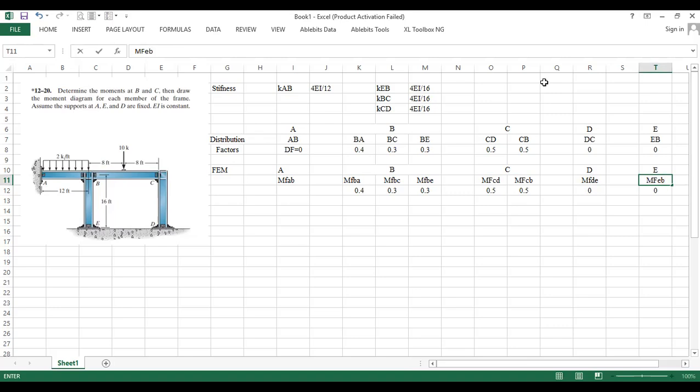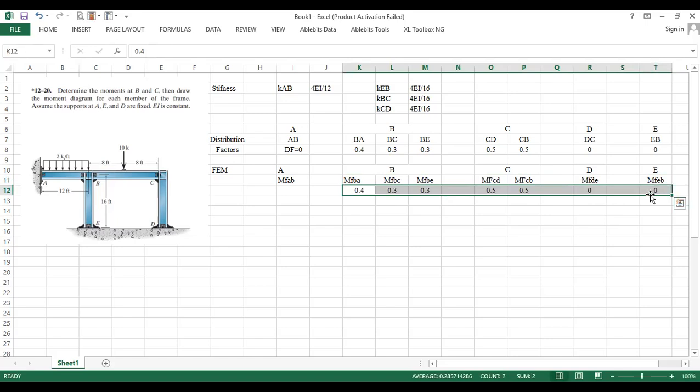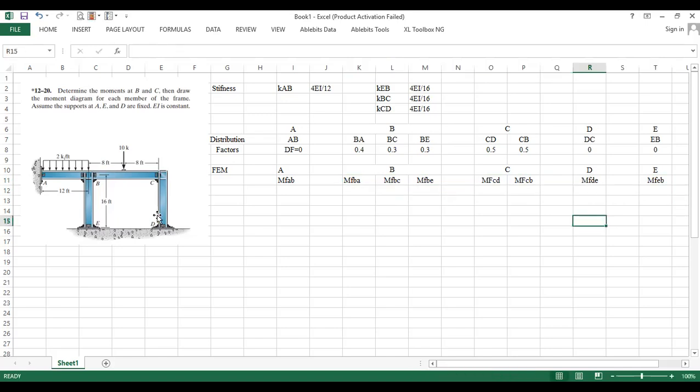One thing you can do now, these are not the fixed moments, okay? So the value, it's a UDL, right? So that's going to be WL squared over 12. So W is 2 and L is 2L, squared over 12, right?